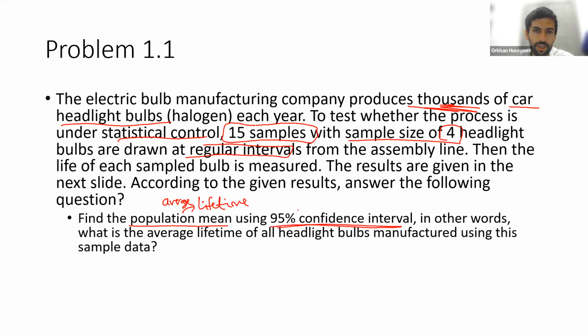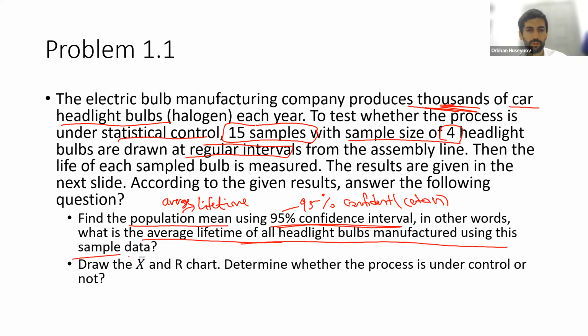So it means that you are 95% confident, or you can say certain, that the population mean will be in this range. So that is the question for the first part we will answer.